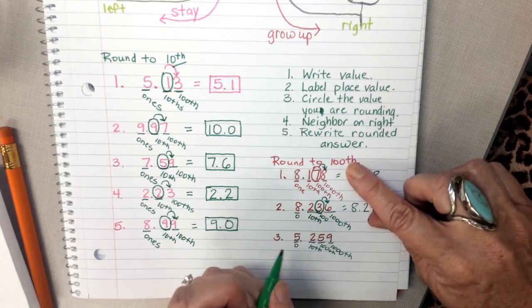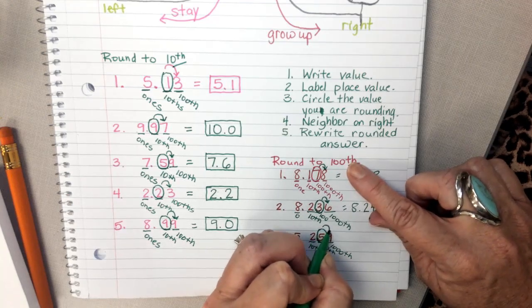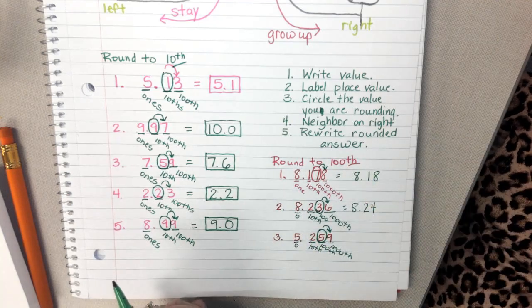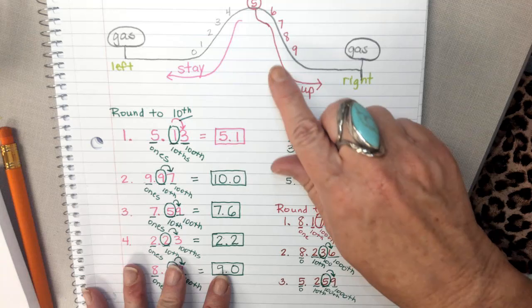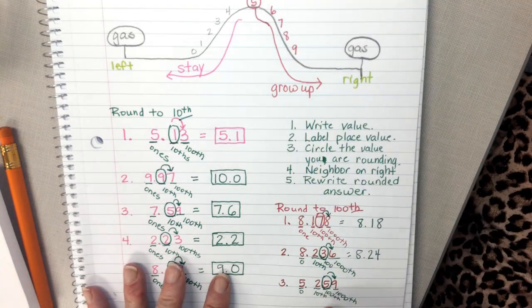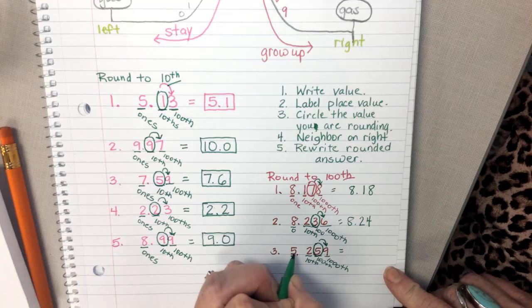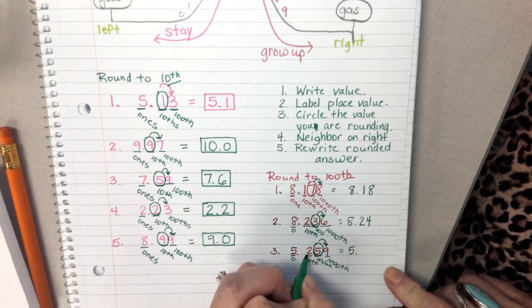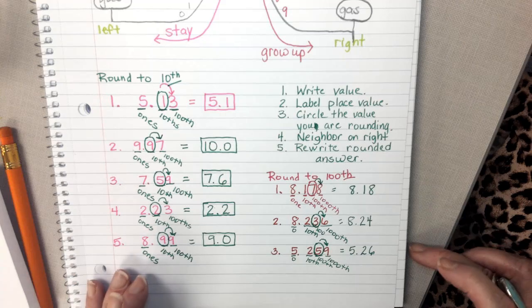Rounding to the nearest hundredth, circle the digit in the hundredths place. Draw a neighbor and an arrow next door. When we do that, we think about the digit 9. The digit 9 tells us to grow up. So it's only the digit in the circle that grows. We're keeping the 5, we're keeping the 2, and the digit 5 grows to 6.